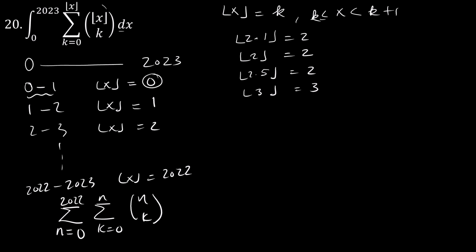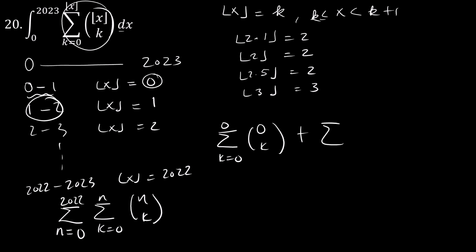This collapses to be a constant, and it becomes the sum for k equals 0 to 0 of 0 choose k, plus, in this interval here, the sum for k equals 0 to 1 of 1 choose k, and all the way up to the sum for k equals 0 to 2022 of 2022 choose k.